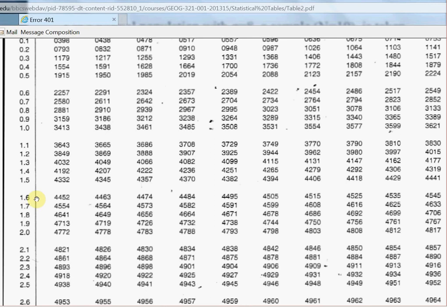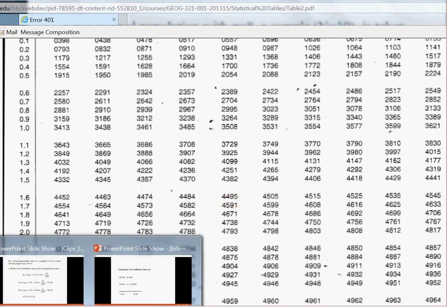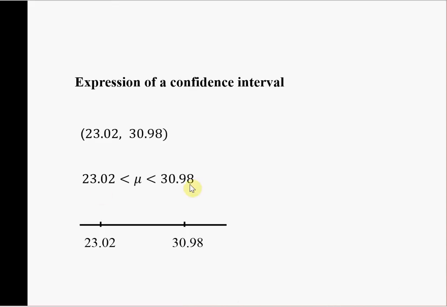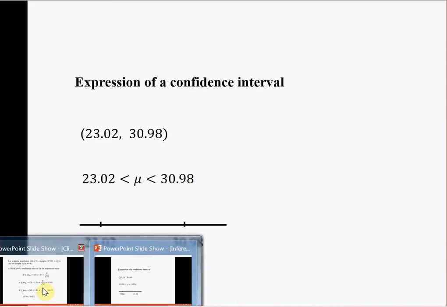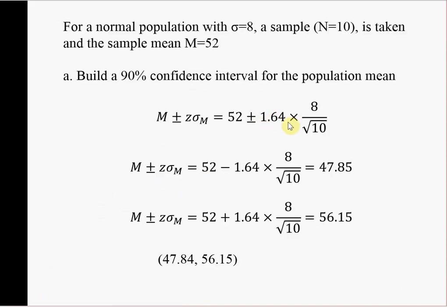Let's come back here. So the z-score that corresponds to a 90% confidence interval is 1.64, multiplied by the standard error, which is the population standard deviation divided by the square root of the sample size.